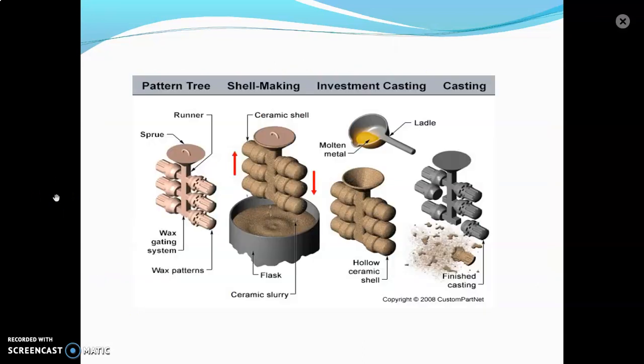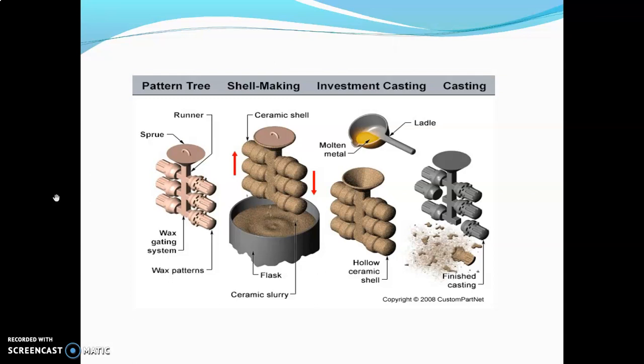It is very simple, like you can see in the figure. First one is the pattern tree. This pattern was made with the help of wax. Here you can see the pattern tree, runner, spur, from which we are pouring the molten metal, the wax gating system, and here we have the wax pattern.